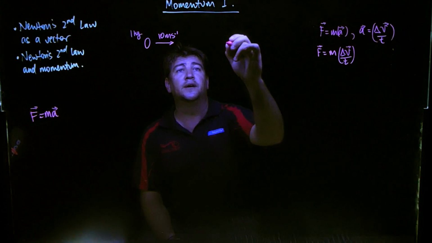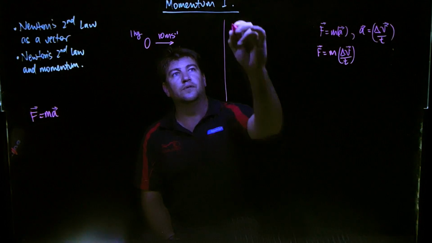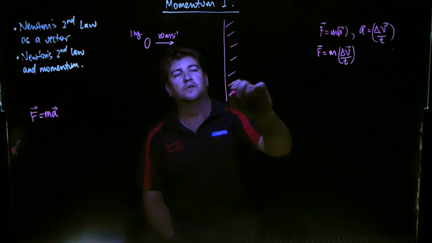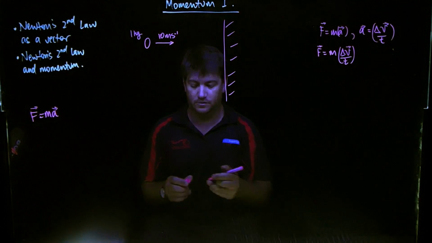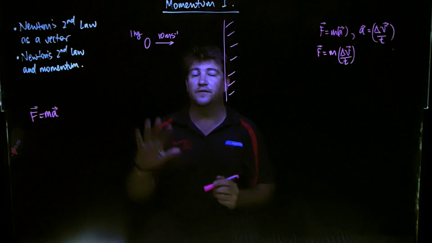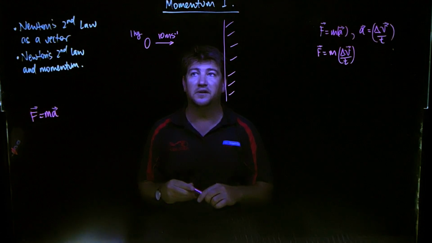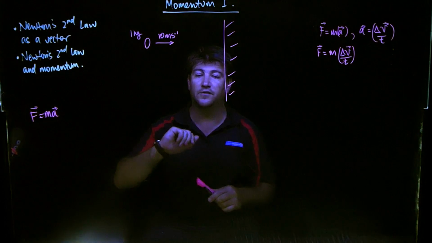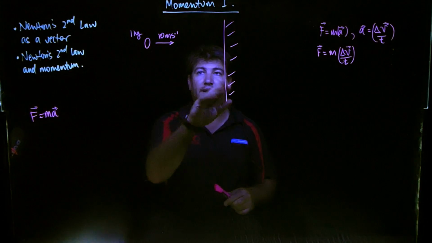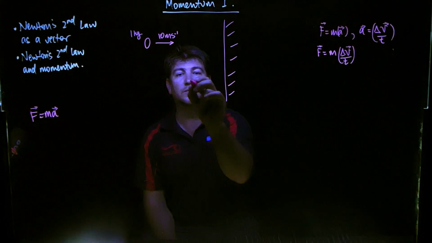And this ball is going to bounce off a wall. It's a pretty good wall, you have to admit. So this is the initial state. To start with, we've got a ball travelling to the right at 10 meters per second, and it's going to impact the wall.